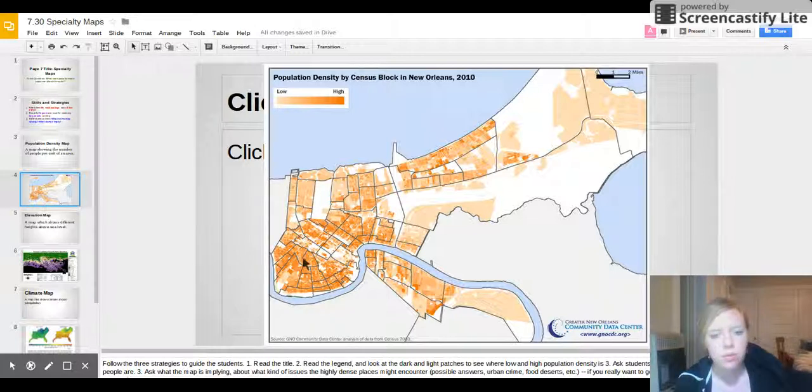What kinds of issues do you think a person might encounter if they live in a highly dense place? This map is a representation of human geography. And I was thinking, if you live in a very populous place, you're more likely to encounter urban crime.